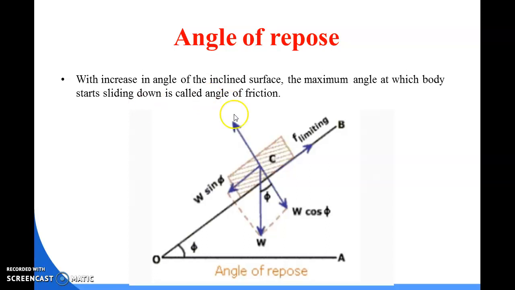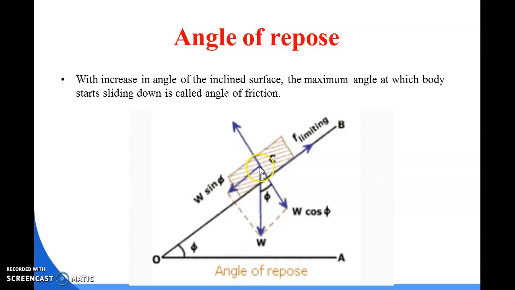So you can see, if this is our ground surface and this OB is the sliding or inclined surface, according to the increase of this angle, which is in between the ground and the inclined surface, the angle of repose is increased.